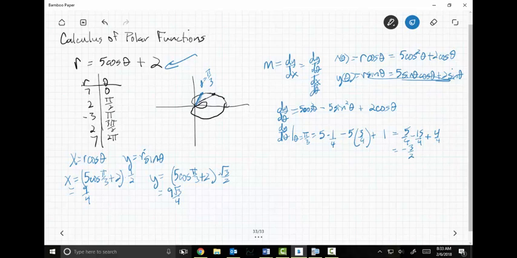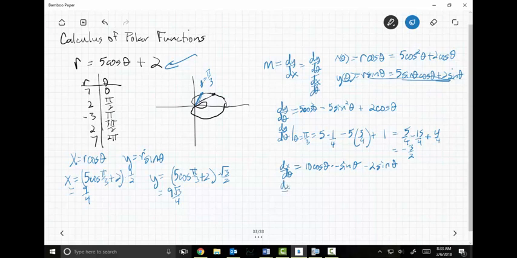Now I have to find dx over d theta. Do the same thing. I've got to be careful here, this is going to be 10 cos theta times negative sine of theta, minus 2 sine of theta, right? Everybody buys what I'm selling, minus 2 sine theta.